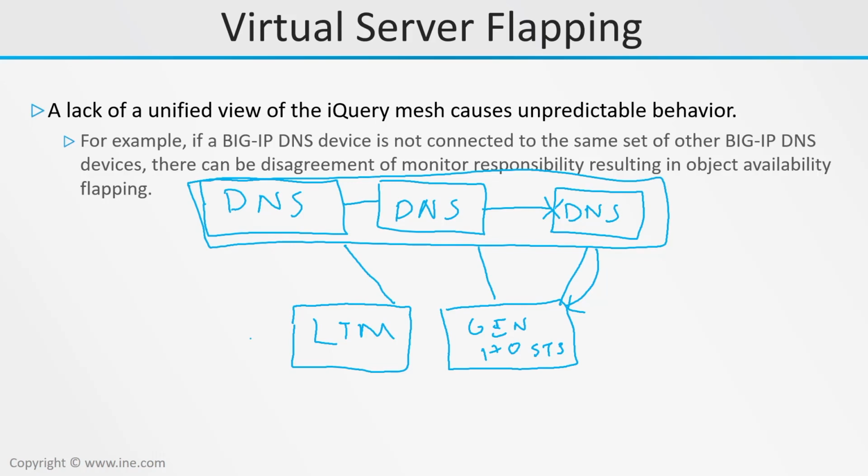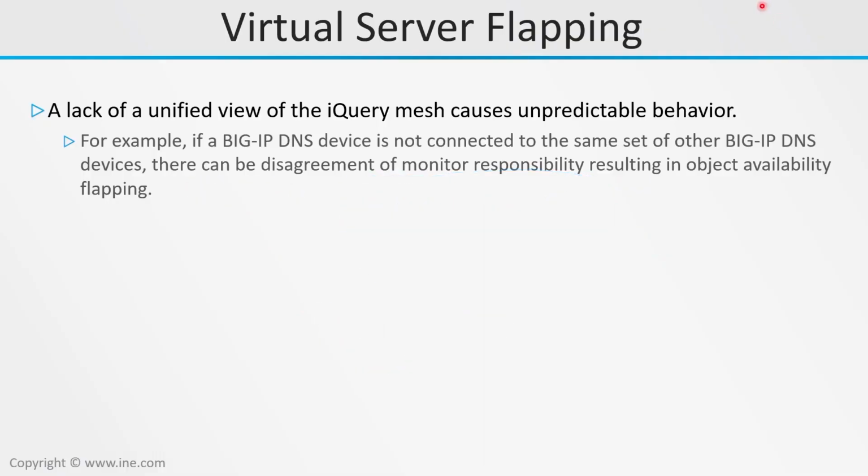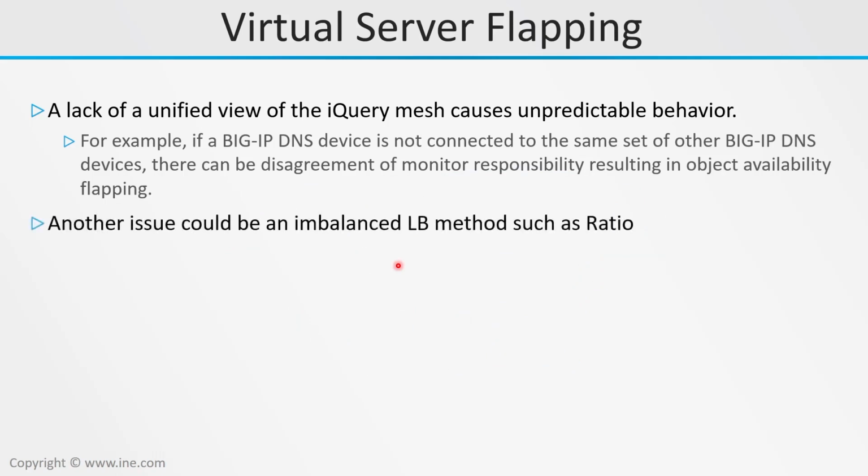So if this DNS is pulled from the sync group and unable to communicate with other DNS devices, that can lead to the virtual server flapping. Another use case is maybe an imbalanced LB method such as ratio. When you're overloading one server more than another, it could result in virtual server flapping.